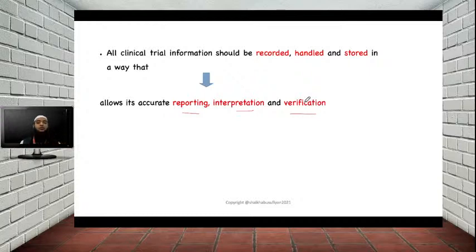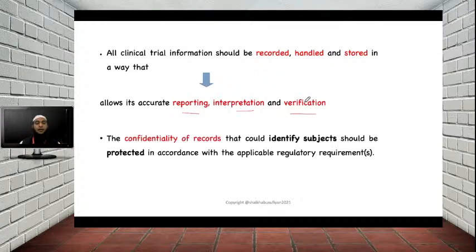So it should be stored, recorded or handled so that it allows accurate reporting, accurate interpretation and verification of the data as and when it is demanded or requested by an ethical committee member or the concerned regulatory authority. Okay, so this is about the data, the ICH guideline related to data.